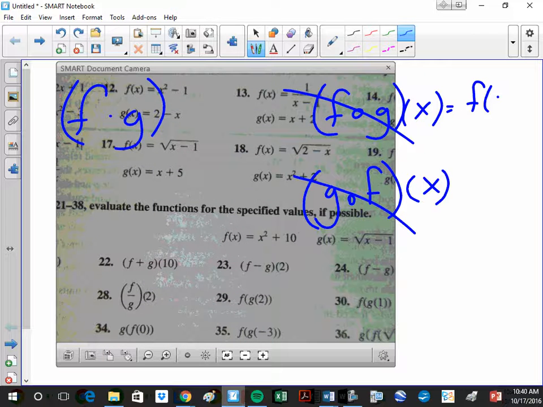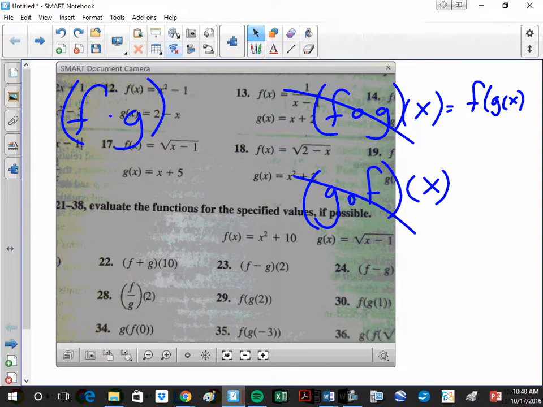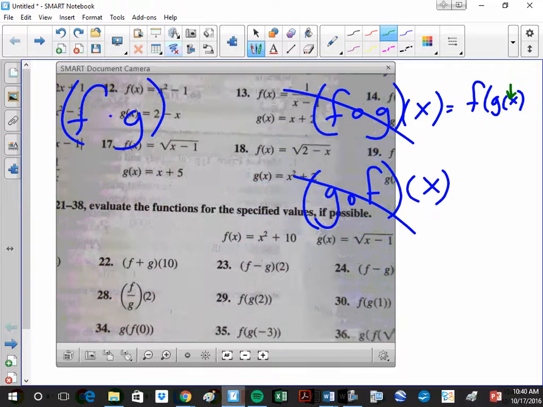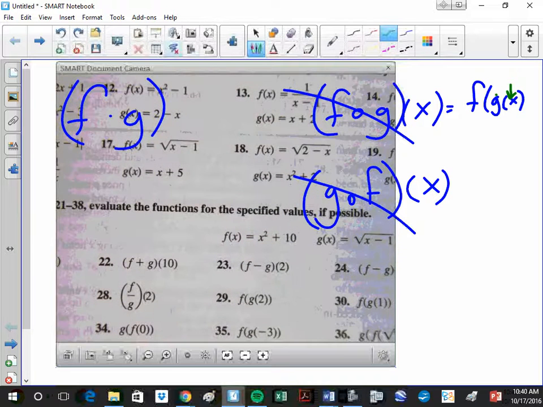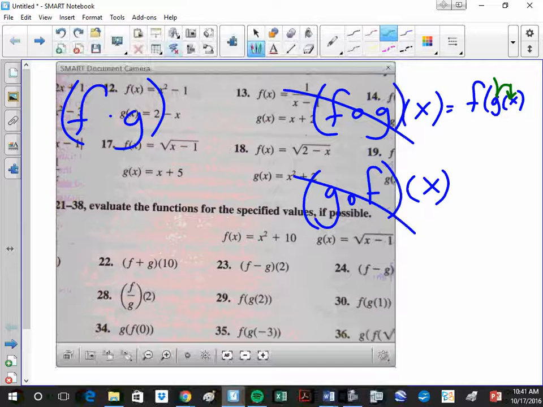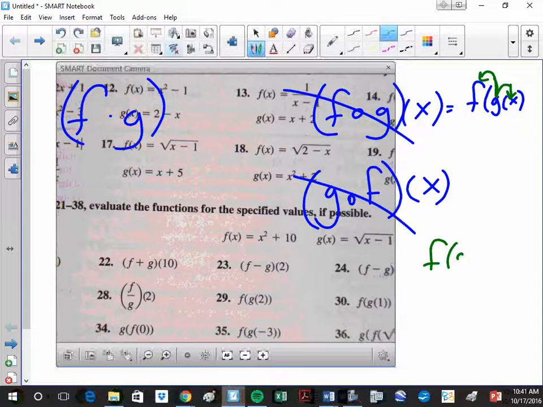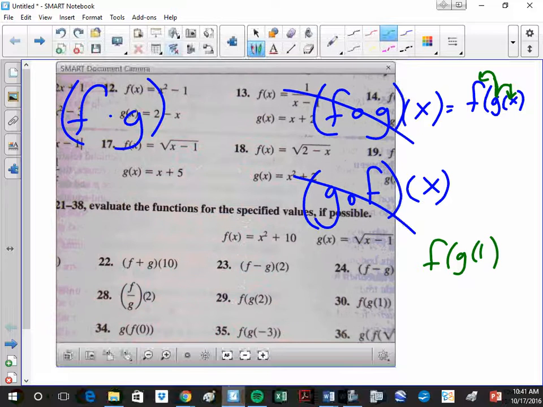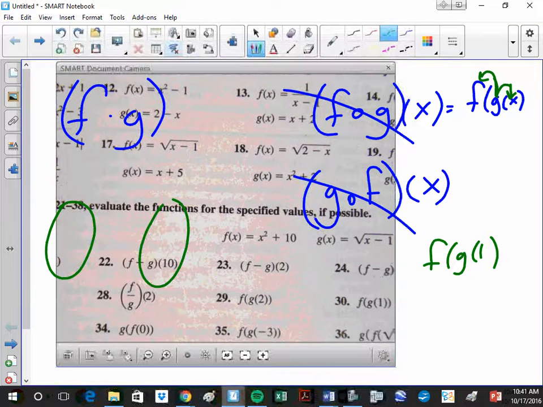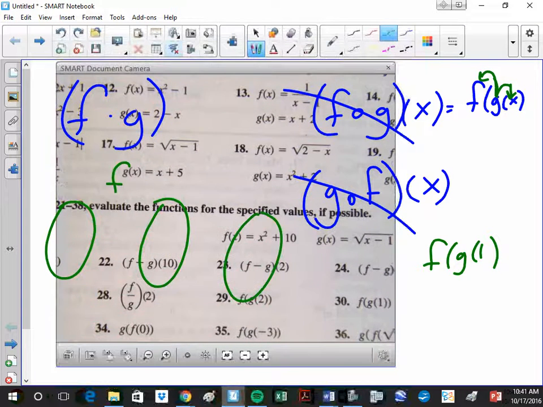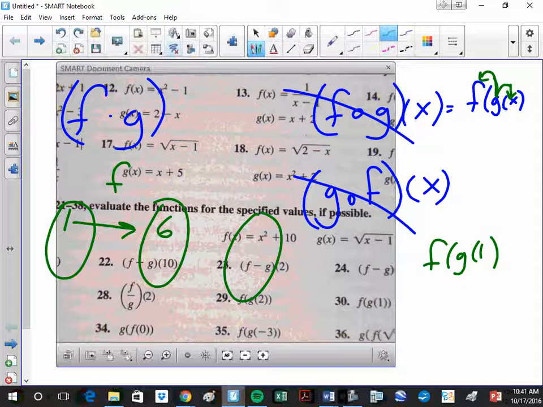f of g, which essentially says g gets plugged into x, and then x gets plugged into f. So f of g of 1 simply means replace the x in g with 1, and whatever you get, plug that into f. Composing functions works like this. If we have f, f can turn the number 1 into the number 6, and this is the range of f.